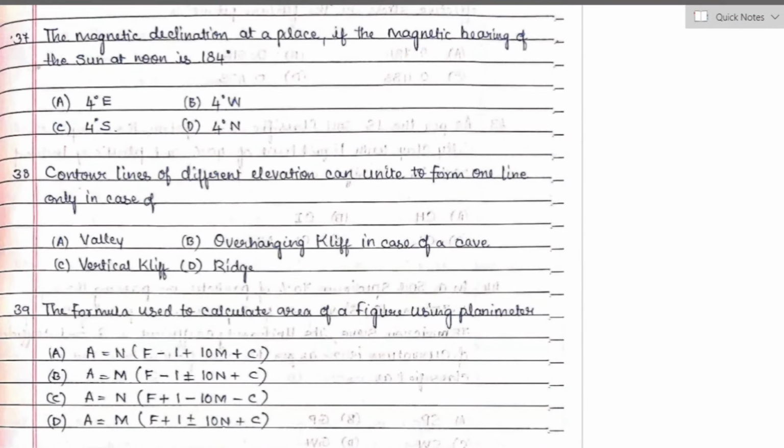Question number 37. What is the magnetic declination at a place if the magnetic bearing of the sun at noon is 184 degrees? We know that true bearing of a line is equal to magnetic bearing plus declination. True bearing is 180 degrees.